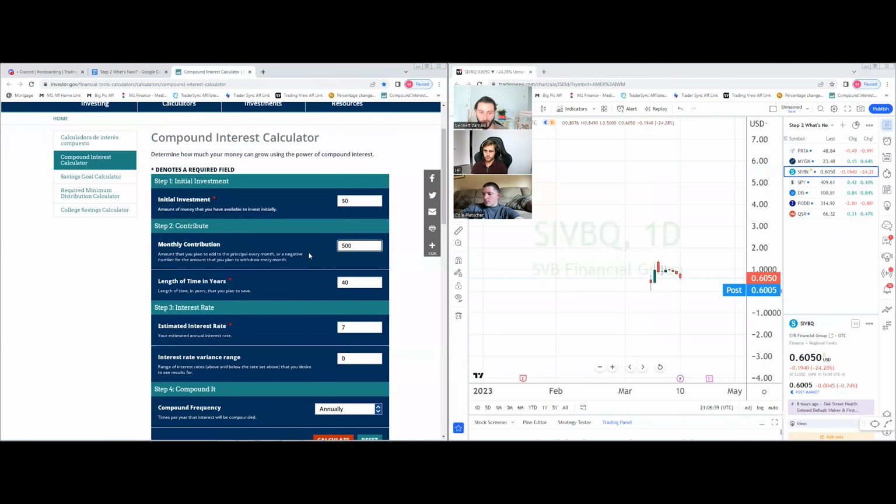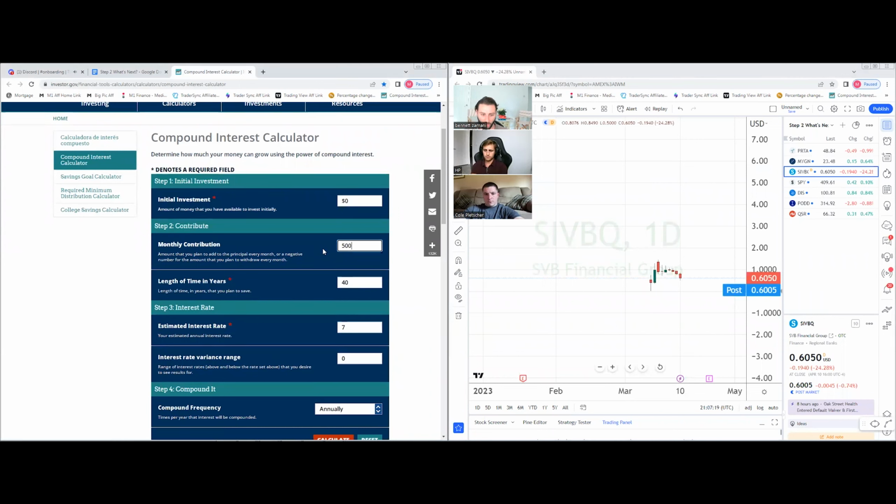But this gives you a good idea of what you're doing and where you can get to based off your current savings plan. So for the initial investment, as I said, we don't focus on what you're going to start with. We don't care. 0 initial. For monthly contributions, put it here at 500 to simulate someone who's maxing out their Roth IRA. It's really 540 to max it out for the year, but we'll keep these numbers very simple.